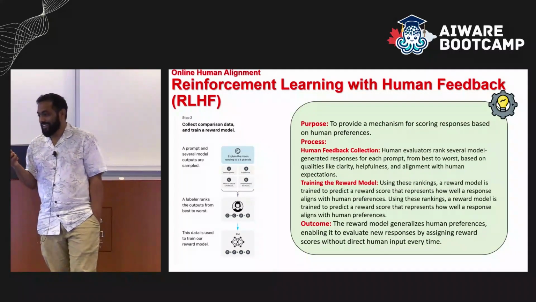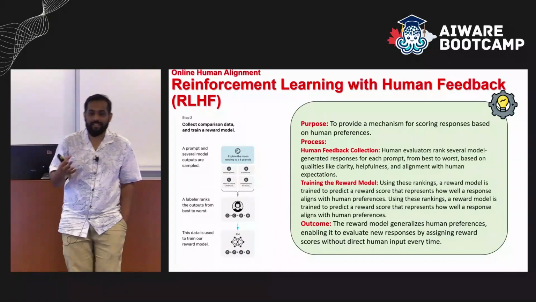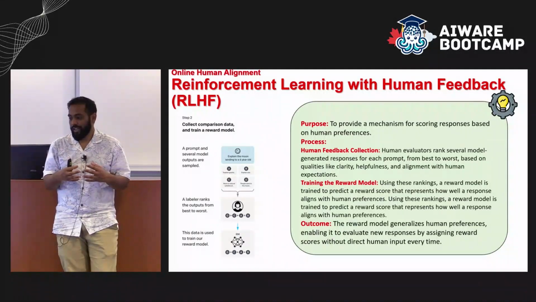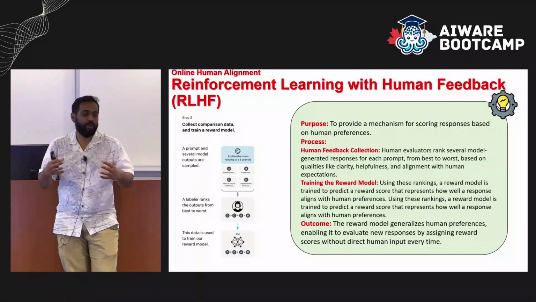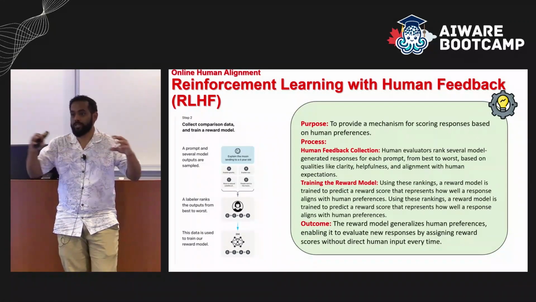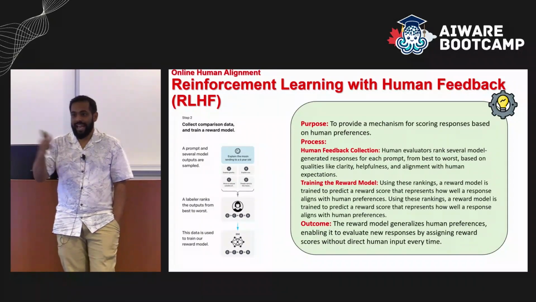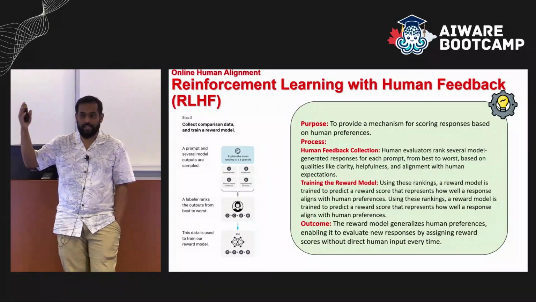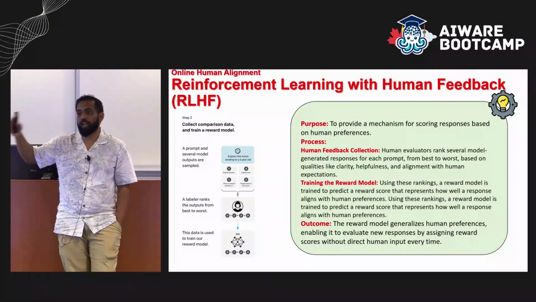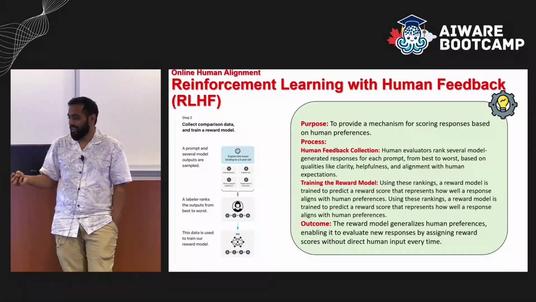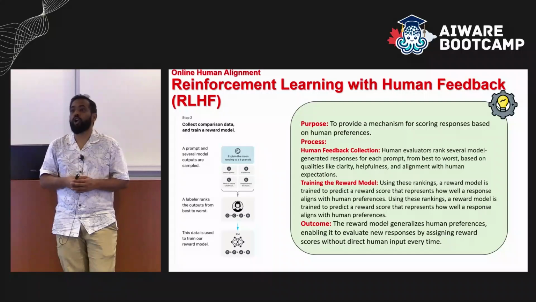So the next step is where we take the supervised fine-tuned model from the last step and ask it to generate a few responses for each of a few prompts. Then we ask human labelers to rank the responses, as in which response they prefer, what is the order of ranking, and then we use this data to train a reward model so that we don't always have to ask a human.